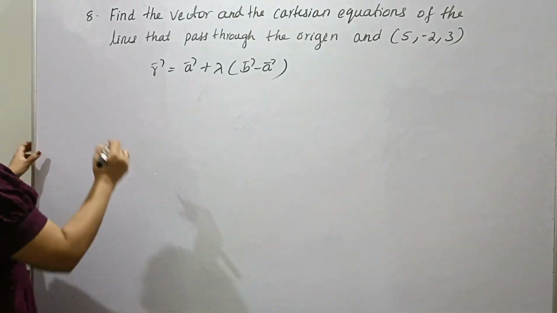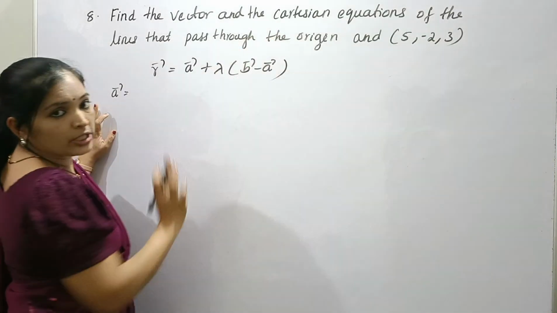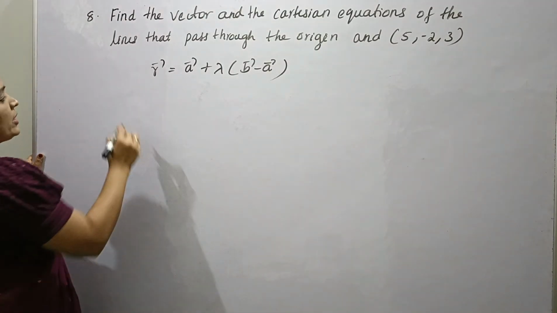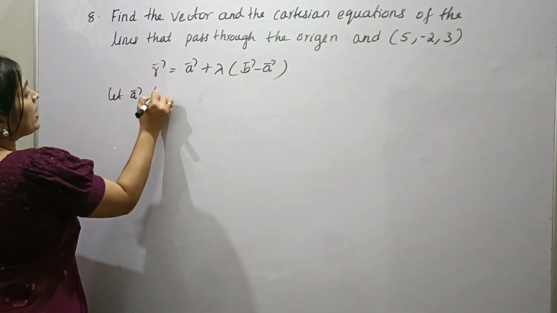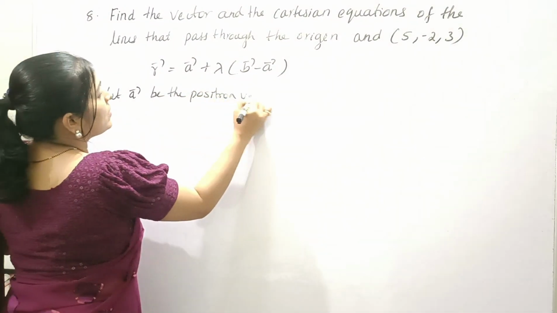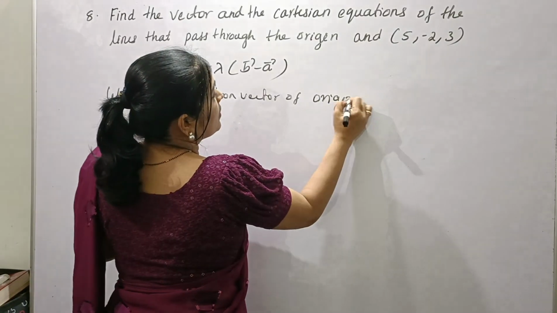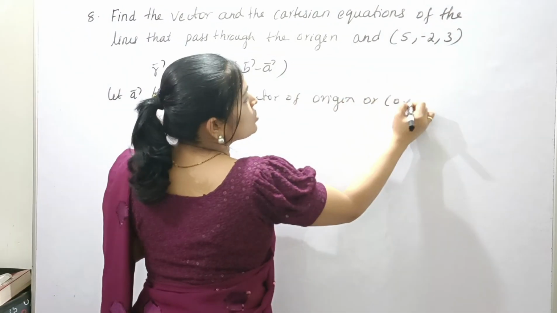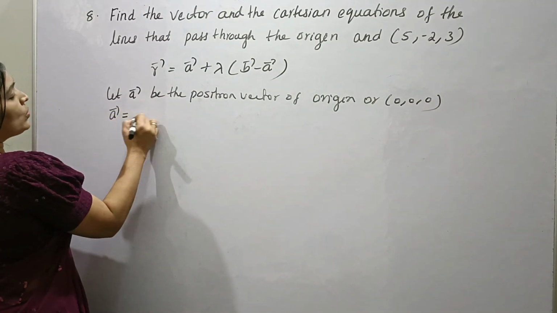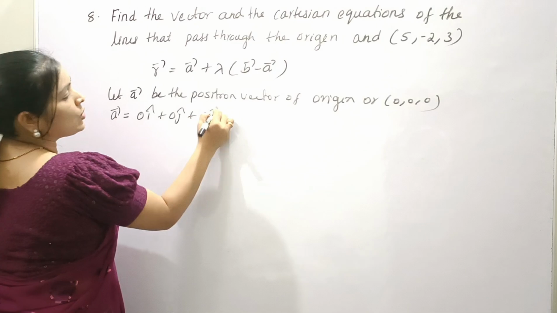One point is the origin, so let vector a be the position vector of the origin, that is (0, 0, 0). Therefore, vector a is equal to 0i + 0j + 0k.